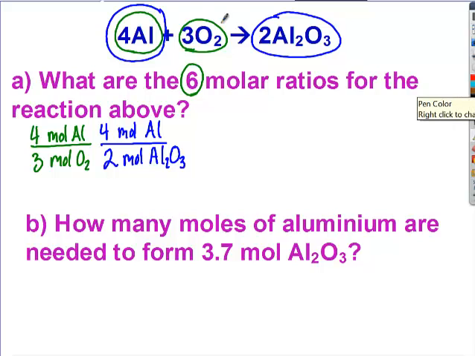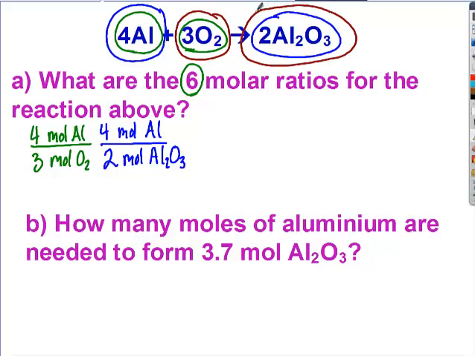And I'm missing 1, which is oxygen being compared with Al2O3. So I have 3 moles of O2 being compared with 2 moles of Al2O3. Okay. Now here are the 3 that we've done before, but it's asking for 6.